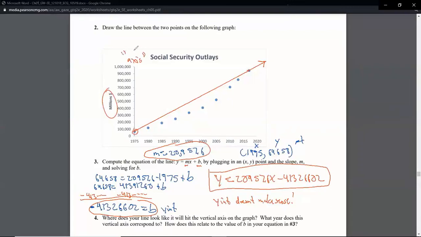However, it's not a true y-axis because it's not representing the year 0, it's representing the year 1975. Remember, a true y-axis is supposed to start at 0, which this does not do. However, many times in the real world, we draw up axes that are not a true y-axis because they don't start at 0. So where does it look like your line will hit the vertical axis?